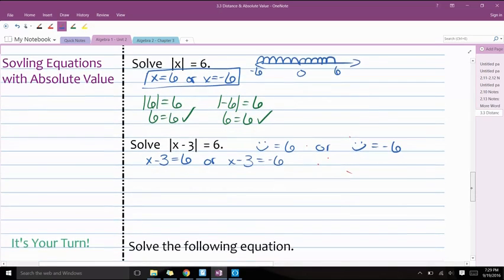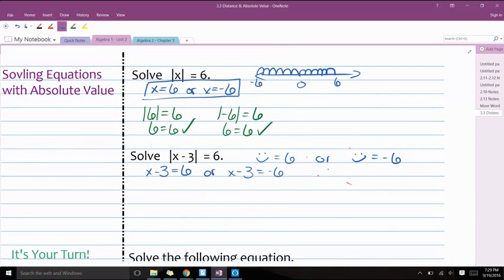Well, let's try it here. Solve each equation. We add 3. So here we get x is 9. Or if we add 3 here, we get x equals negative 3.